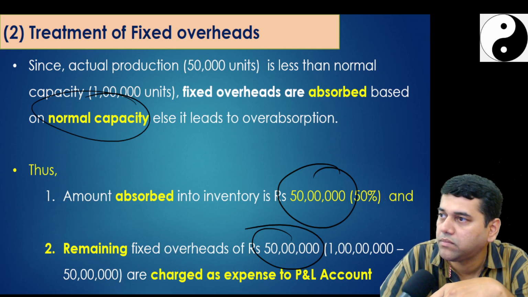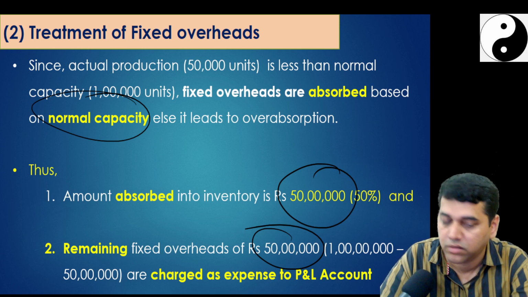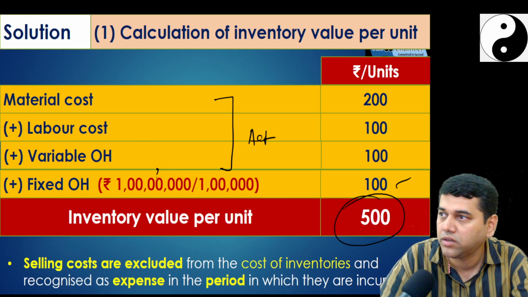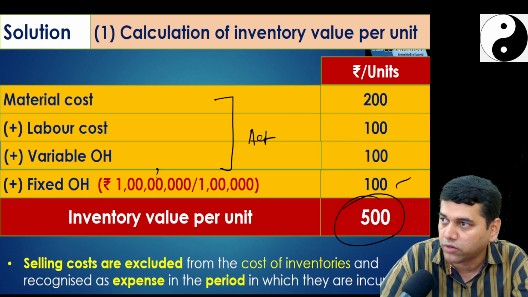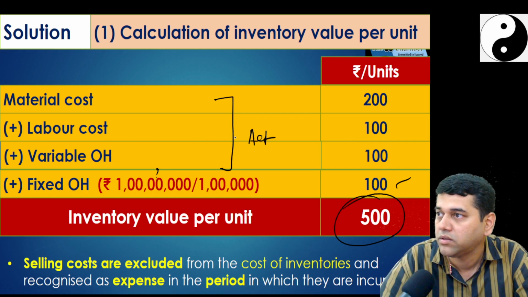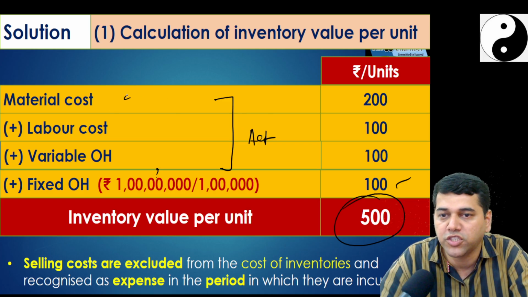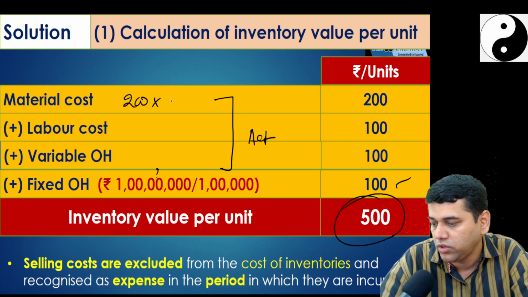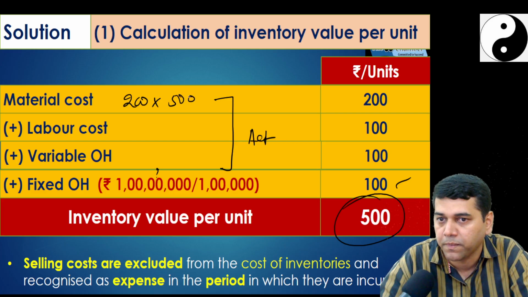Instead of per unit, okay, previous one you're talking. You want to do it in total value. You can do, no? How much is actual production? See, your material cost is 200 per unit, you multiply by how many units? 50,000 units.